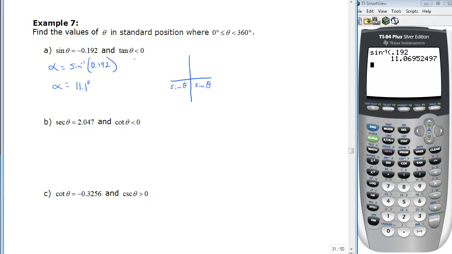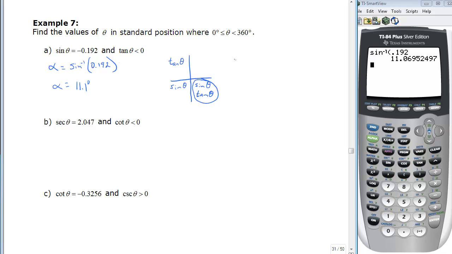Then we have the second piece of information which says tan of theta is also less than 0, or also negative. So tan can be negative in quadrant 2 because the x and y have different signs, or quadrant 4 because the x and y have different signs. So the only quadrant where both of these things are true is quadrant 4.